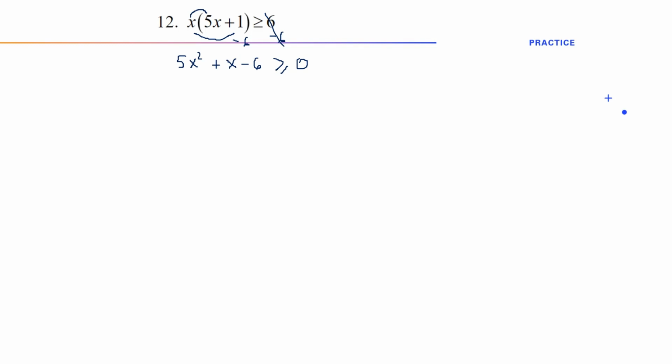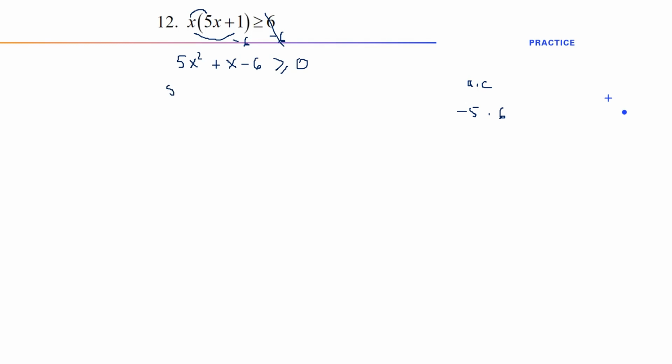Now we see that we have 5x squared plus x minus 6, a trinomial, so we can try to factor it completely. I can use the A times C method, right? 5 times negative 6 is negative 30, but what I want is two numbers that add up to positive 1. So I will have negative 5 and 6.